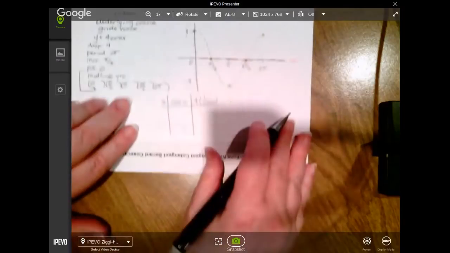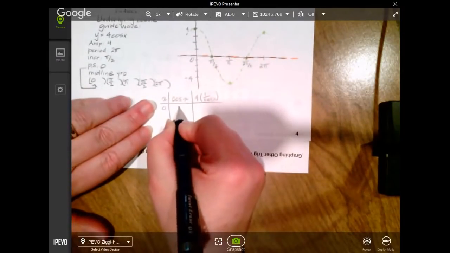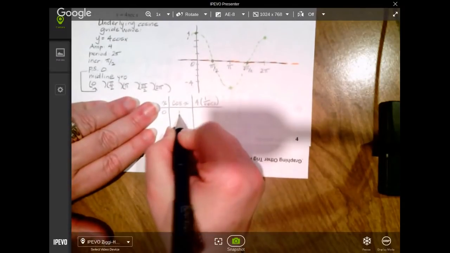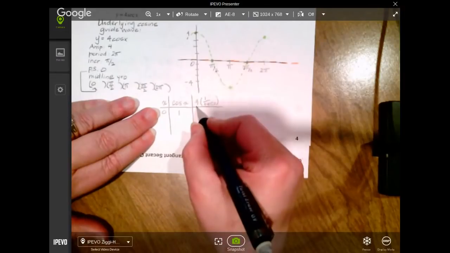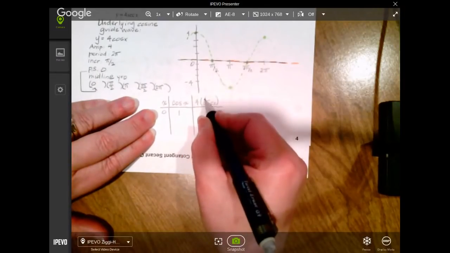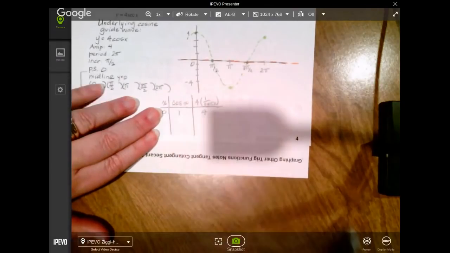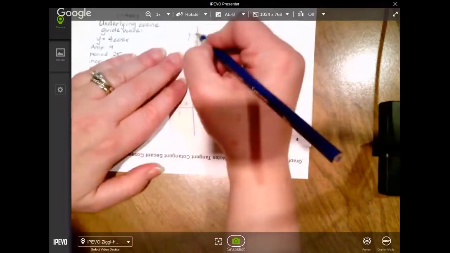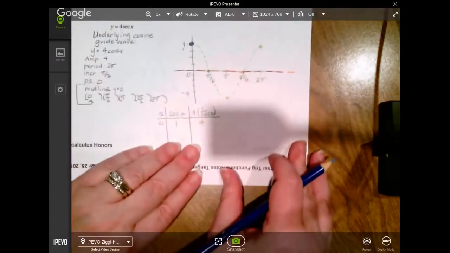So let's go through that process. If I plug in x equals 0, the cosine of 0 is 1. And at 0, I'm going to go 4 times 1 over the cosine of 0, which is 1, so this becomes 4. So my secant graph is going to be having a dot right there. It's going to share the high spot there.